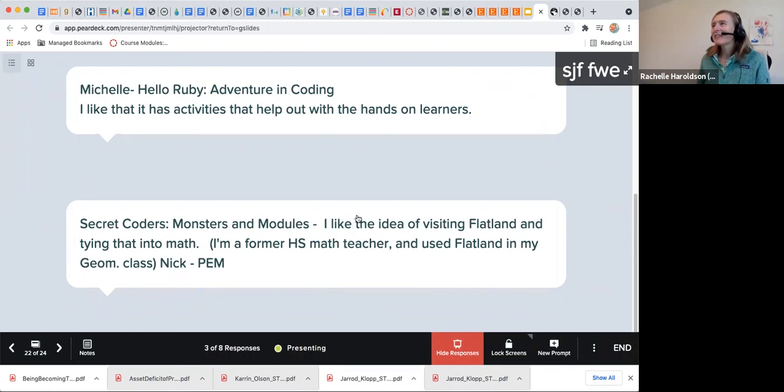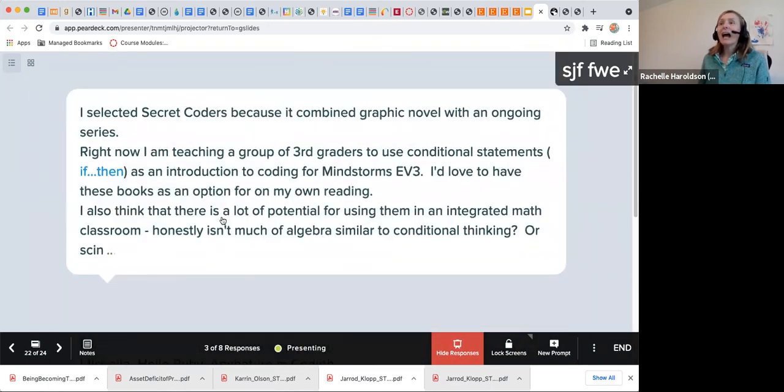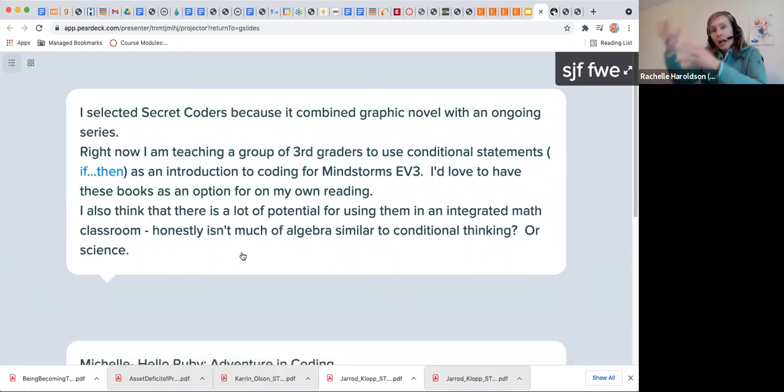All right, just waiting for a few more responses. Yeah, okay, and person up here talking about integrated math. Yeah, exactly. Algebra, conditional thinking, absolutely. And science. Yeah, I mean, these books are great all around. So again, thinking about the integration, like what are you already doing in your math class?